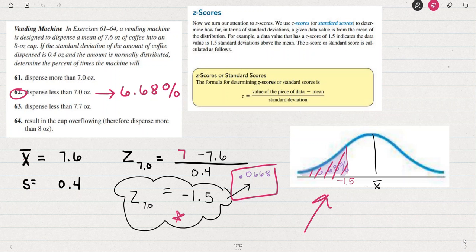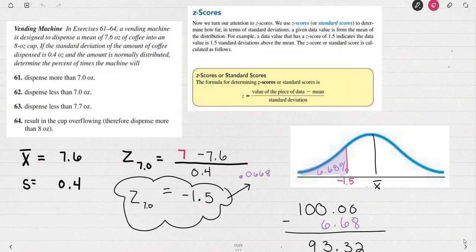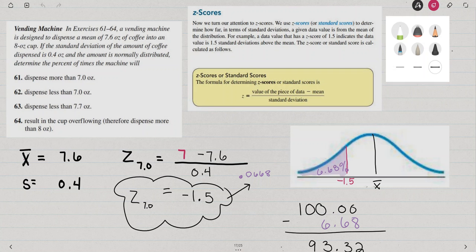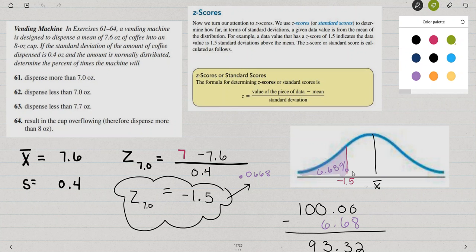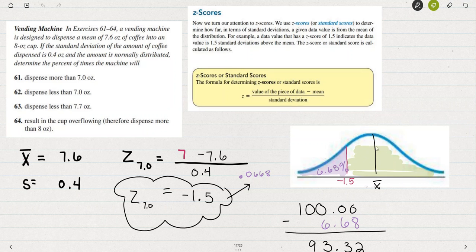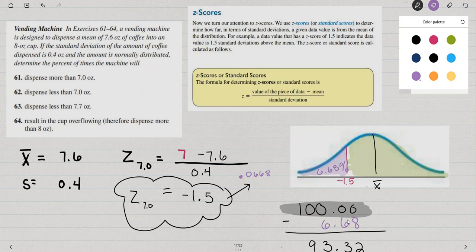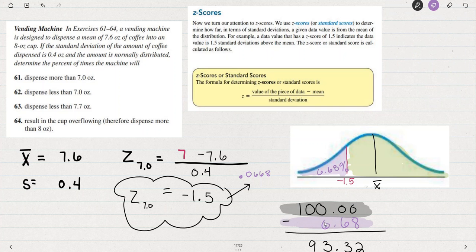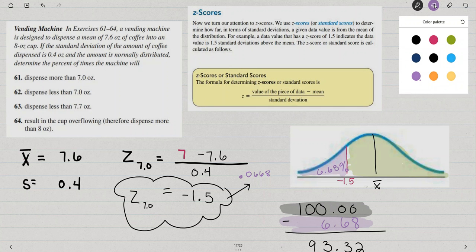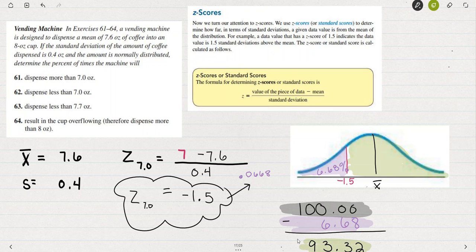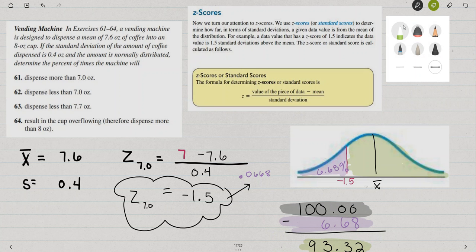To calculate more than 7 ounces, I have to look a little deeper and see that more than 7 ounces is going to be this section of the curve to the right that I'm shading green. If the entire area is 100%, and I subtract the 6 68/100ths%, that's going to leave me with this green piece, the 93 32/100ths.